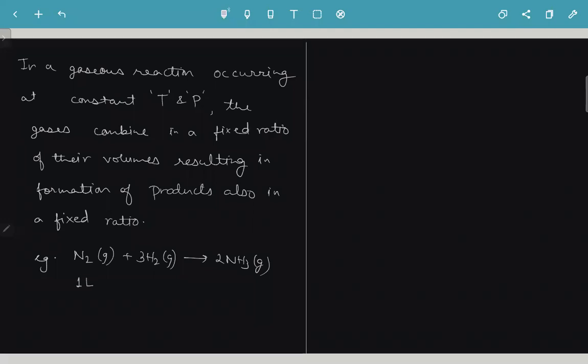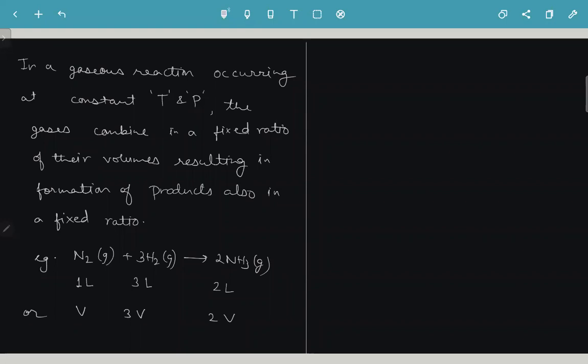We can say that 1 liter of nitrogen will combine with 3 liters of hydrogen to give 2 liters of ammonia. Okay. If the volume of nitrogen is V, then V volume of nitrogen will combine with 3V volumes of hydrogen to produce 2V volumes of ammonia, where V is the volume of nitrogen reacted. आ रहा है समझ में?